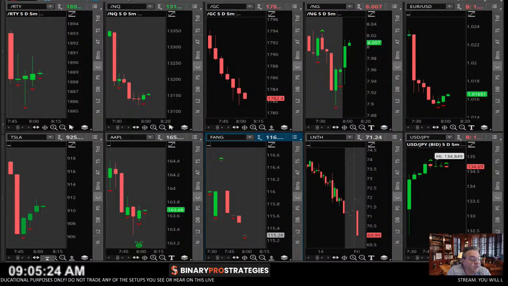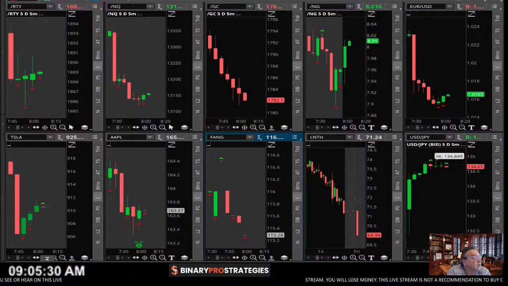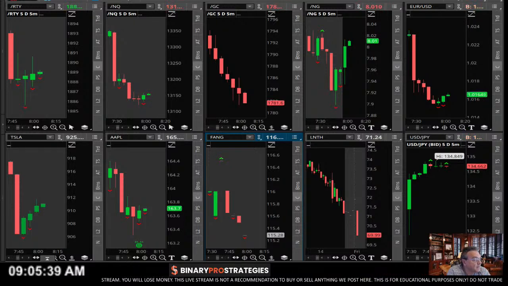Nothing going on in the currencies besides Euro. Nothing on indices. Indices coming down pretty strong here. Everything's down pretty much. Down on our stocks.